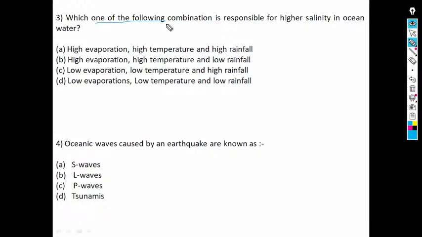Then which one of the following combinations is responsible for higher salinity in ocean water? Higher salinity in ocean water.